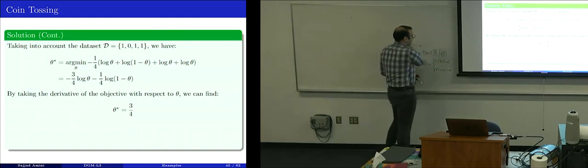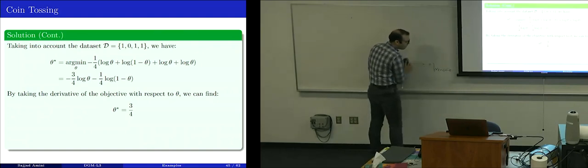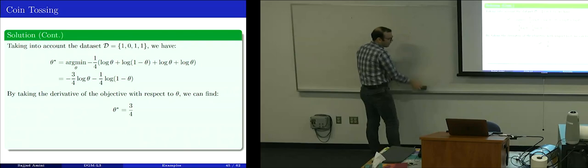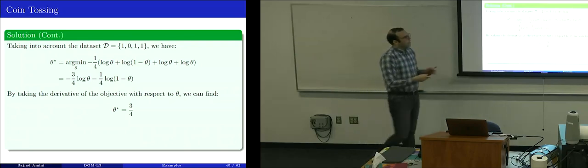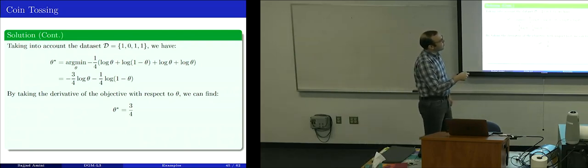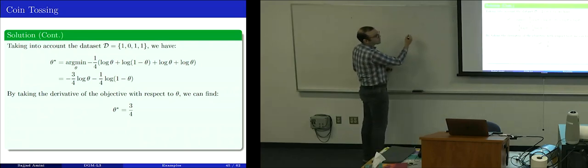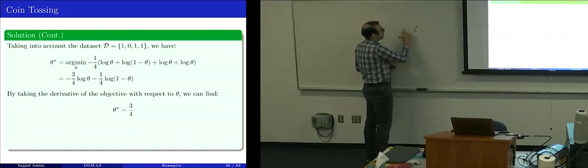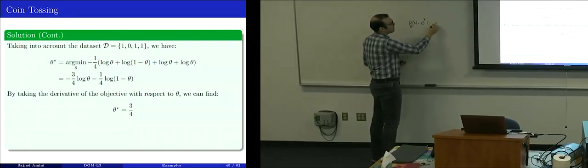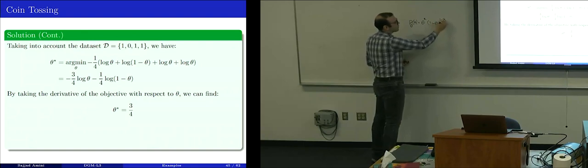So you see here that because the model is very simple, you can easily calculate, for example, assume that we have this model p theta of x equals theta to the power of x times (1 minus theta) to the power of 1 minus x.